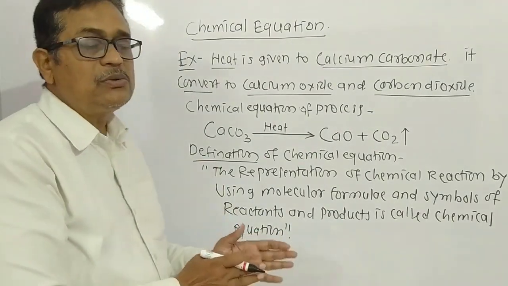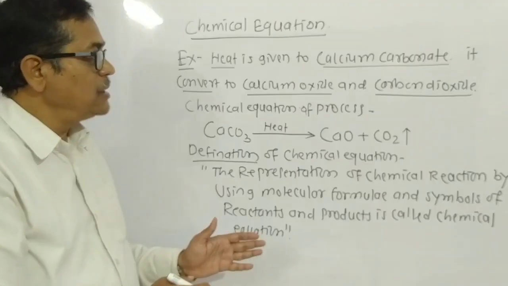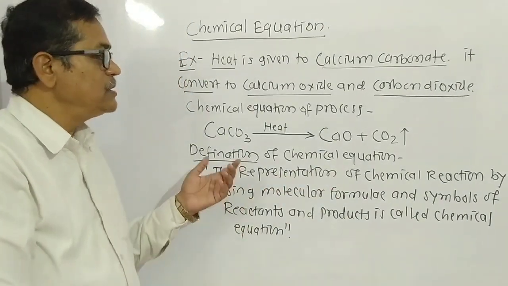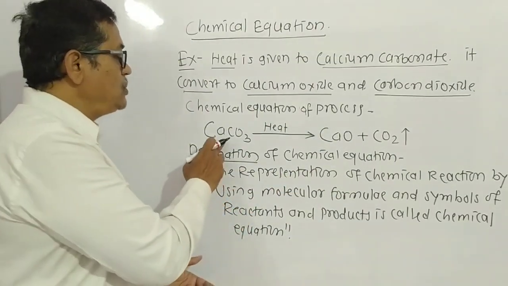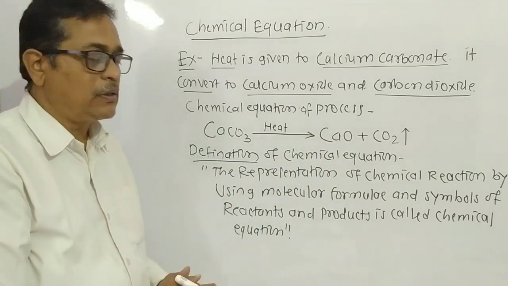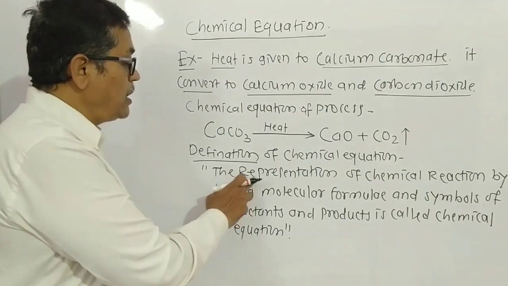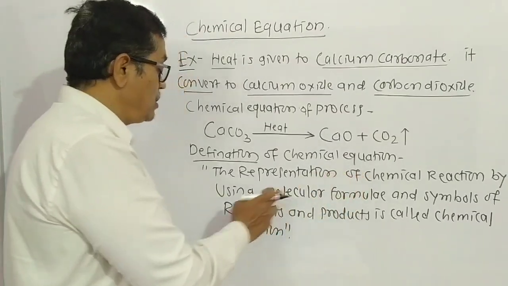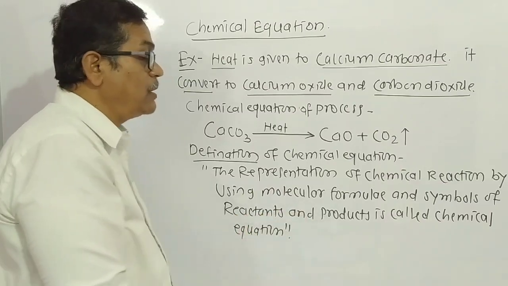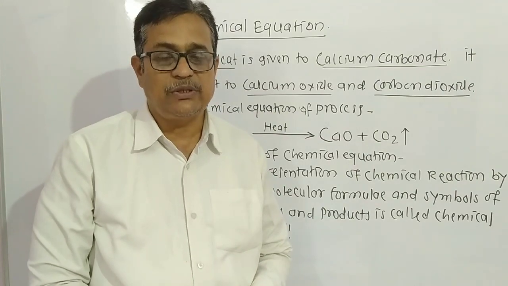The substance which takes part in a reaction is called a reactant, and the substances produced during a chemical reaction are called products. Here CaCO3 is the reactant and CaO plus CO2 are the products. The representation of a chemical reaction by using molecular formulae and symbols of reactants and products is called a chemical equation.